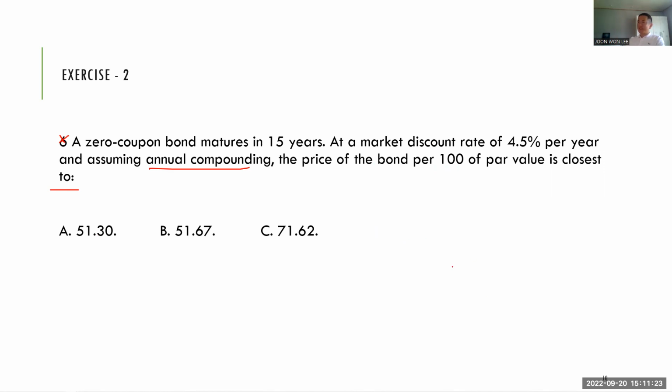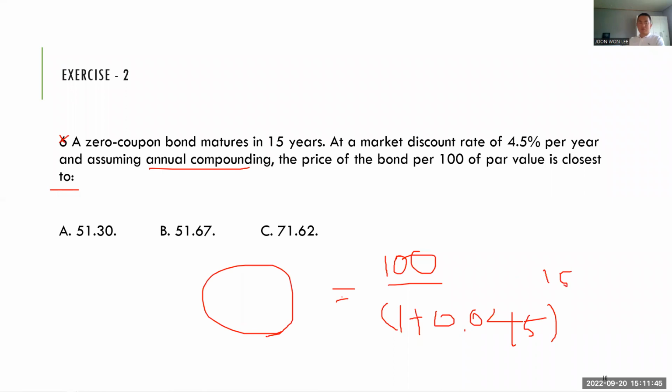Simply speaking, you should discount 100 by 1 plus 0.045 to the power of 15 years. This is what you have to do because this is a zero coupon bond.